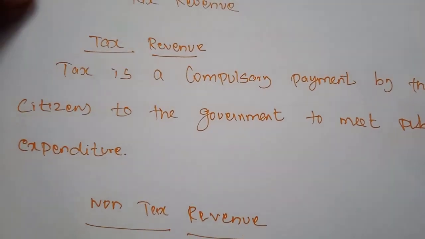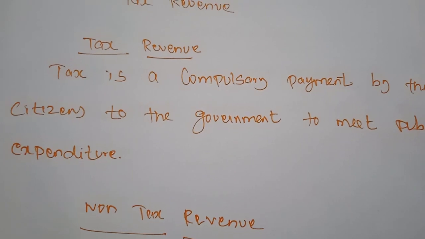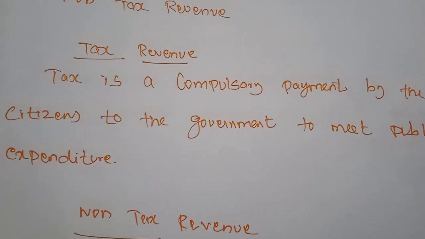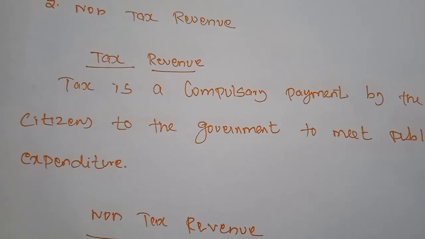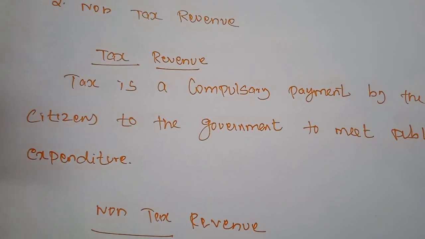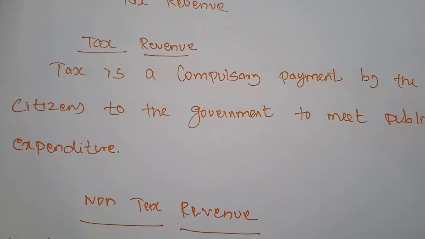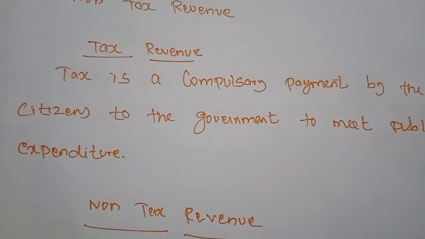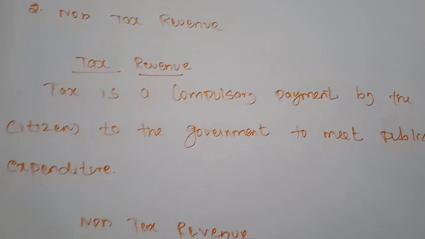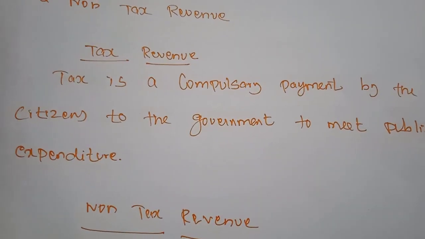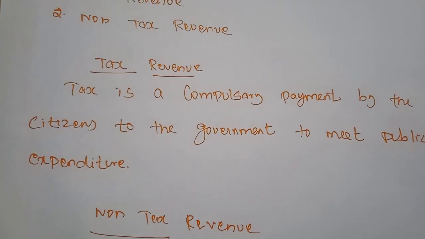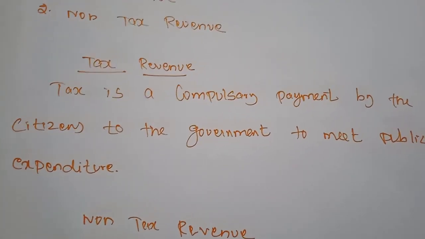If the government provides public welfare expenditures, the public also has to take some of the partial responsibility. So the government announces and decides to impose tax. So tax is a compulsory payment by the citizen to the government.